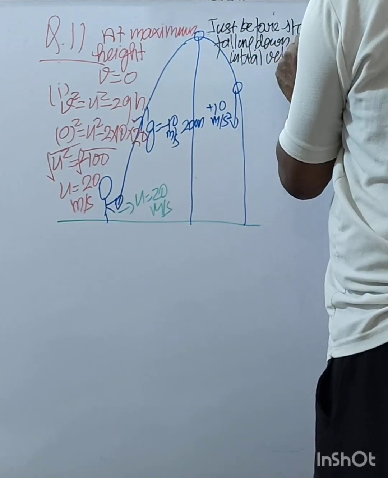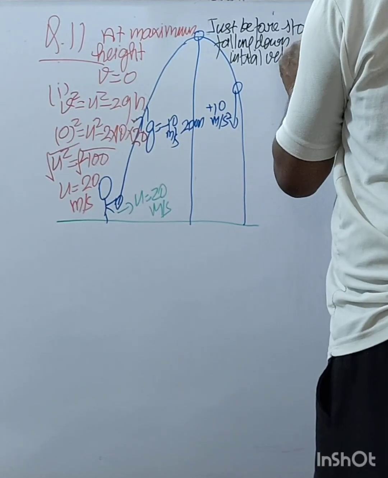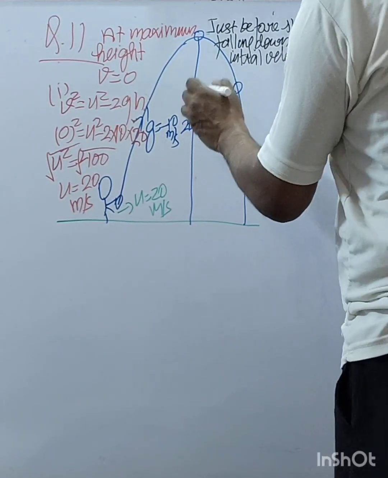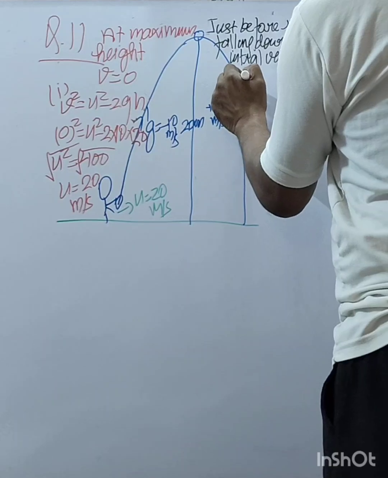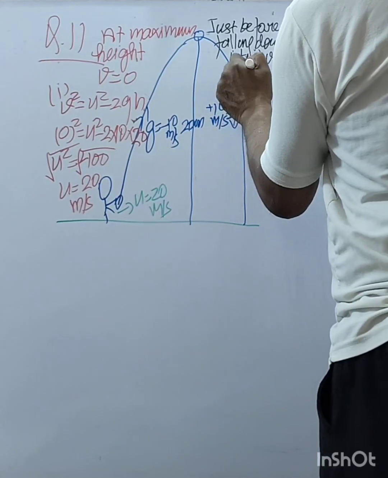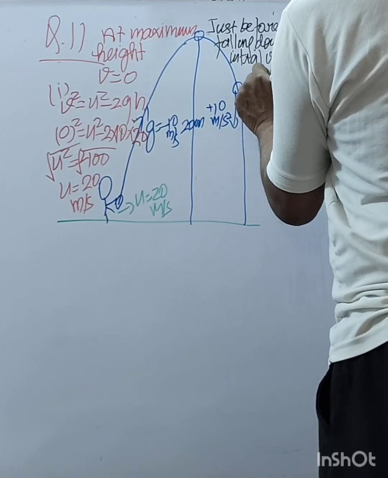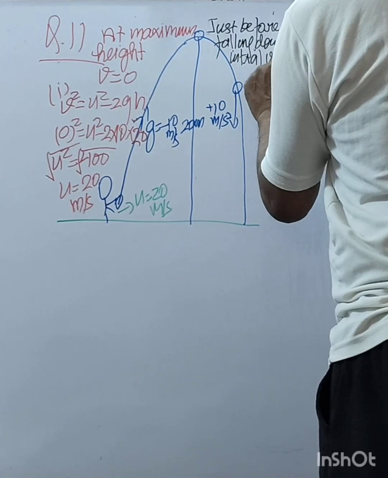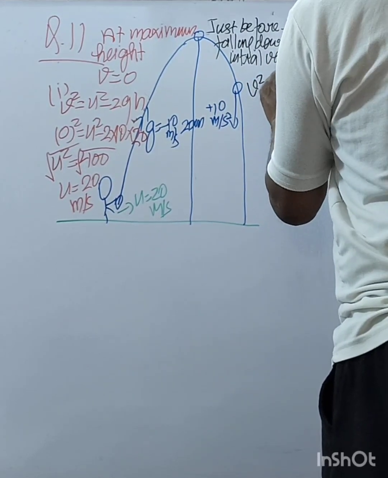Initial velocity u is equal to 0. Again v square is equal to u square plus 2gh.